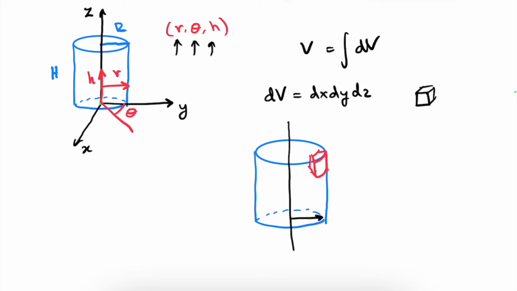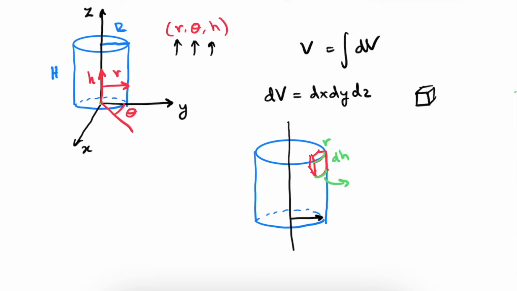So what will be the dimensions of this infinitesimal volume element? We know that in the h direction, right here, will obviously be dh. In the radial direction, which is this direction, will be dr because it's in the radial direction. And then these distances here are a bit special because we see that they will change depending on how far from the middle of the cylinder you are.